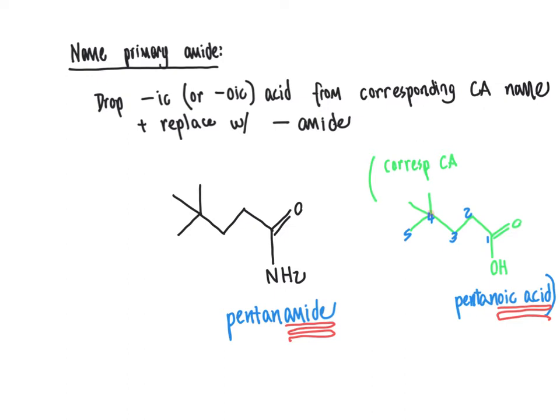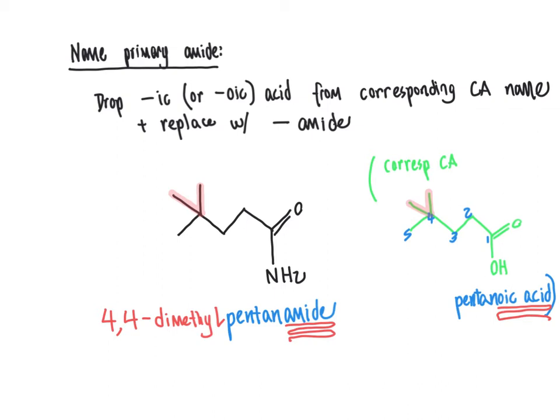In the case of the carboxylic acid, we had two methyl branches at position 4. Same thing over here. We have two methyl branches at position 4, and so we need to name those. So we'd refer to that as a 4,4-dimethylpentanamide molecule.